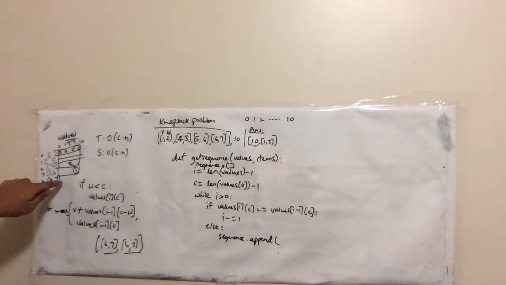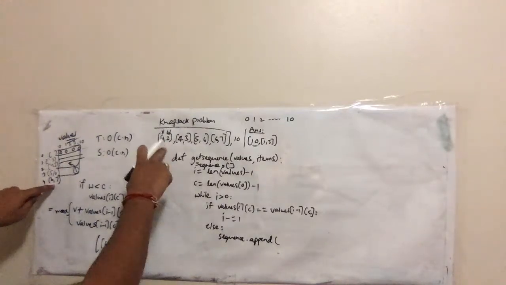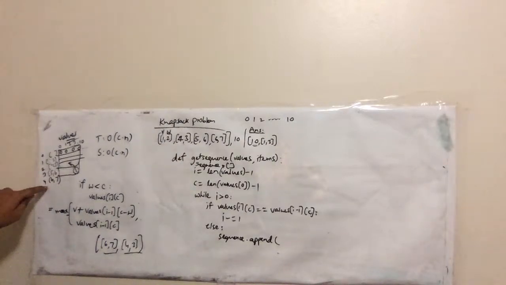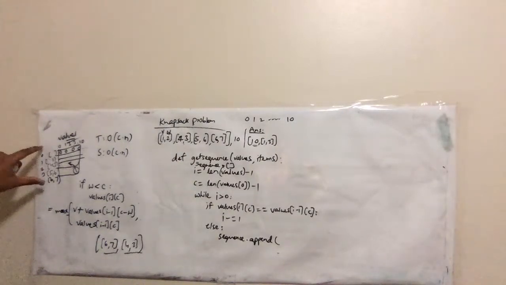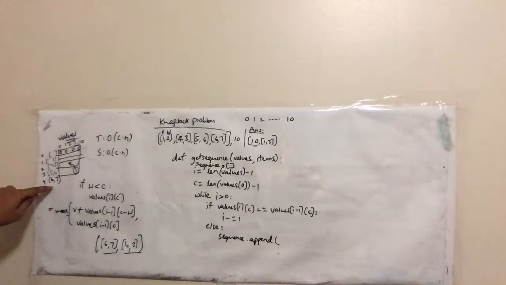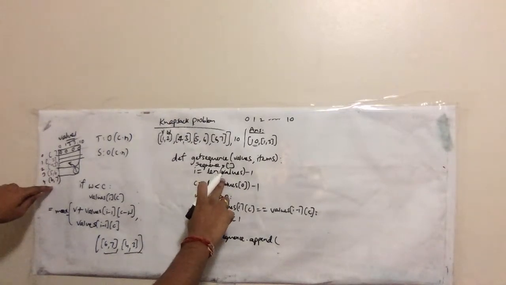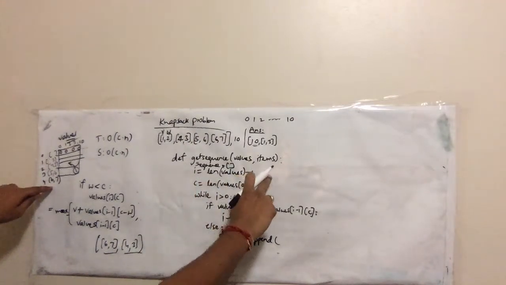This is the ith row, but from the point of view of this given input array, if this is 0 1 2 3 4, I is equal to the length of the values, 5, minus 1, which is 4.